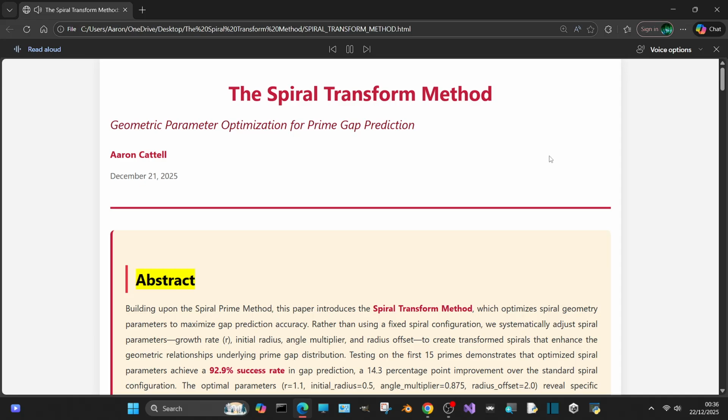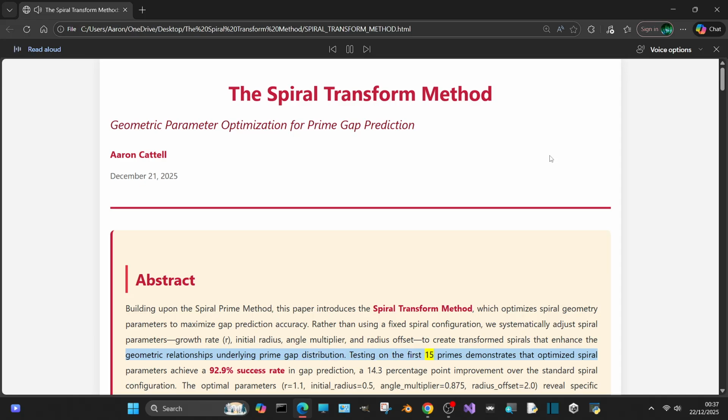Abstract. Building upon the spiral prime method, this paper introduces the spiral transform method, which optimizes spiral geometry parameters to maximize gap prediction accuracy. Rather than using a fixed spiral configuration, we systematically adjust spiral parameters, growth rate r, initial radius, angle multiplier, and radius offset, to create transform spirals that enhance the geometric relationships underlying prime gap distribution.